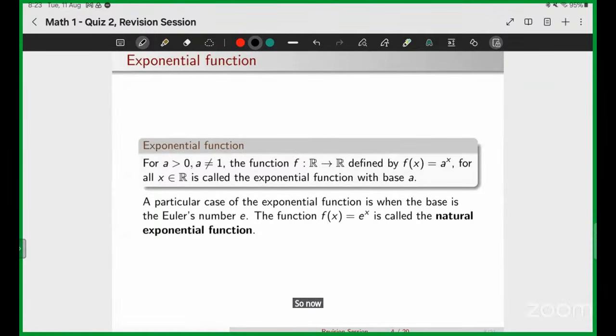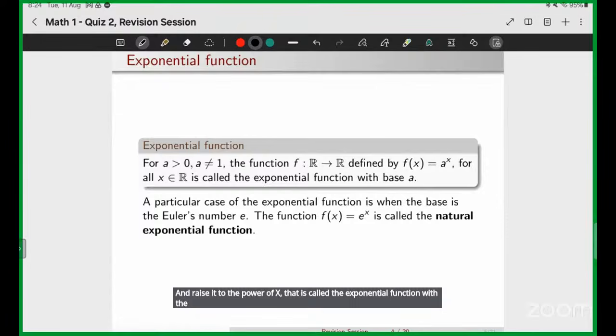So now, talking about one-to-one functions, one of the functions that we will focus on is what is called the exponential function. In general, you can pick any positive number a which is not equal to 1 and raise it to the power of x, that is called the exponential function with the base a.